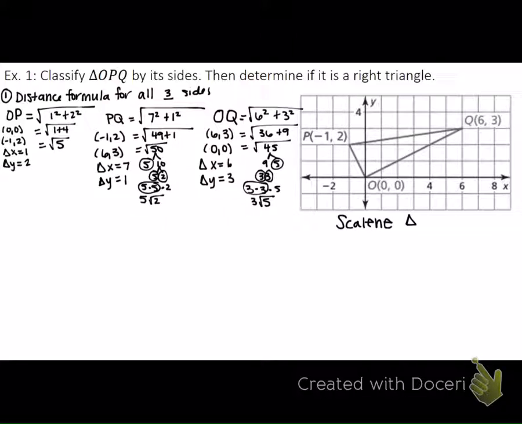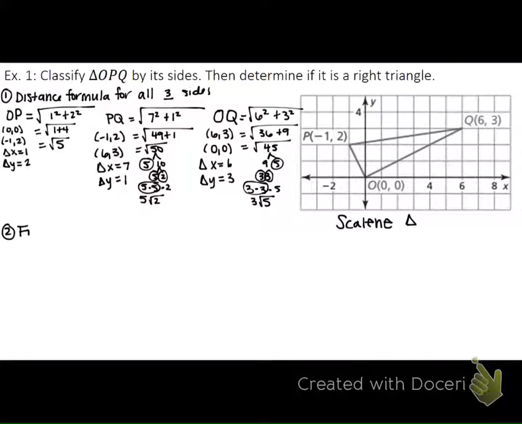So now we're going to classify by angles. We're going to determine if it's a right triangle. And to do that, you're going to find the slope of all three sides.